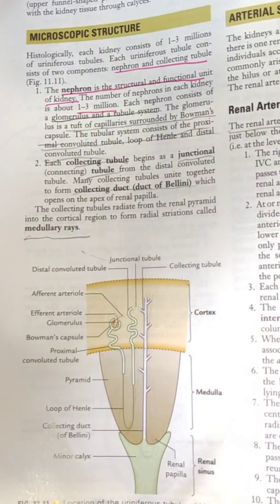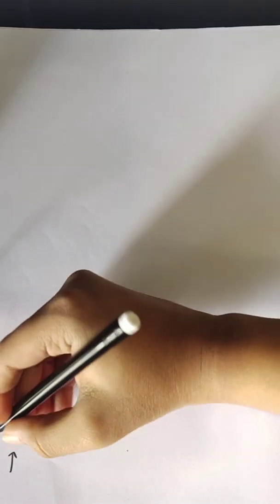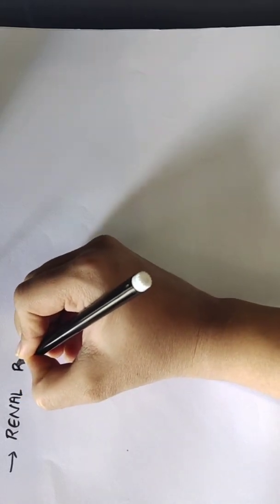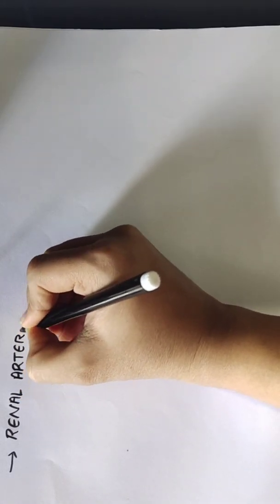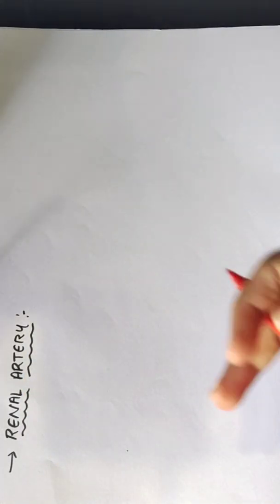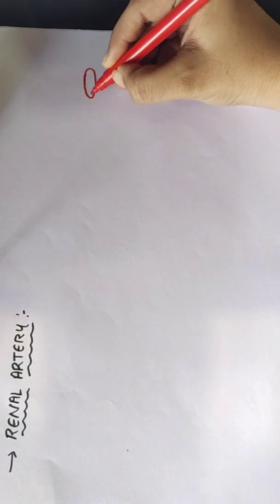Now we'll look at the renal arterial supply with the help of a flow chart. I'll be doing an easier representation so that we can remember the renal arteries easily. Firstly, we'll write the heading, renal artery. We have to start from the main important artery, that is the abdominal aorta.